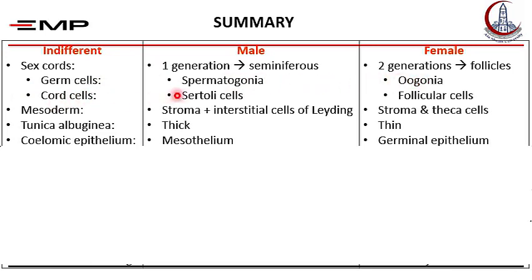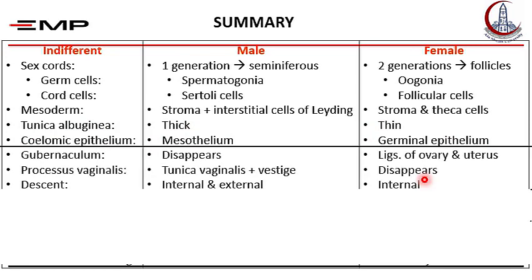The cord cells form Sertoli cells in the male, producing Mullerian inhibiting substance, and follicular cells in the female. The mesoderm in between will make the stroma and endocrine cells, the interstitial cells of Leydig. Here it will make the stroma and theca cells. Tunica albuginea in the male is thick, in the female is thin. Coelomic epithelium in the male will make mesothelium, in the female will make germinal epithelium.